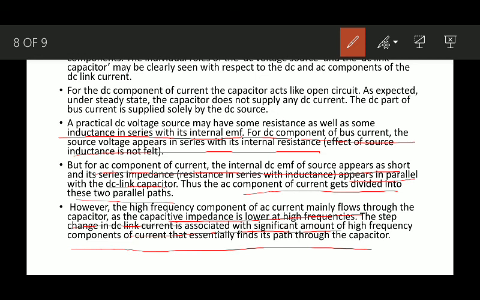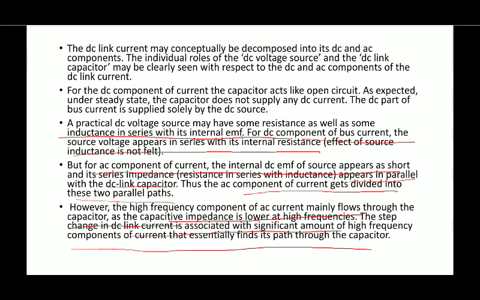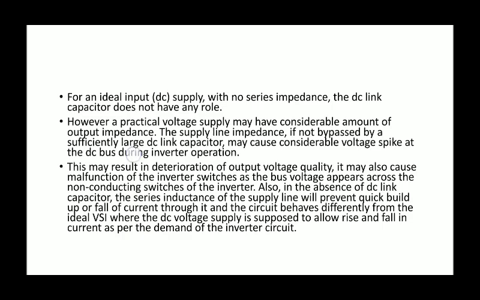The main application of this coupling capacitor is to avoid any spikes present in the output waveform of the AC signal. So any spikes, any high frequency ripple signal will pass through the DC link capacitor, and pure DC will pass through the switches.